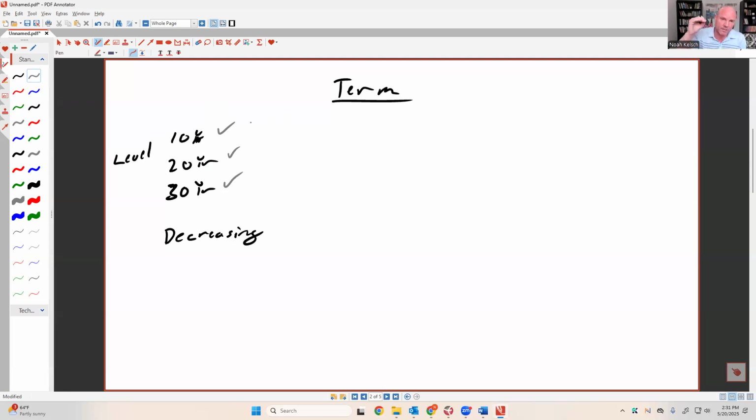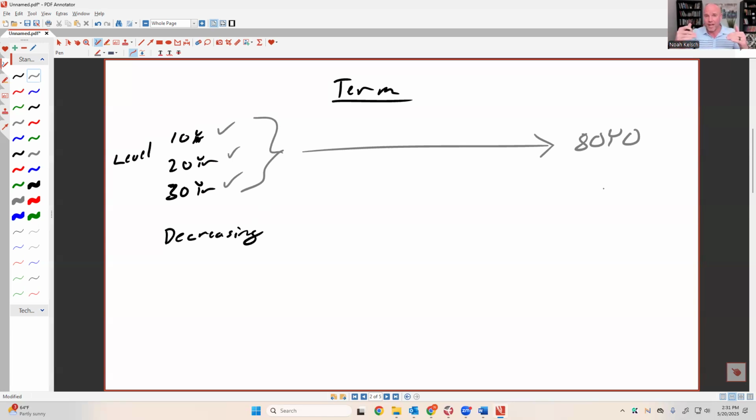Now, something that I see a lot of people, when I ask them, hey, what kind of term policy do you have? They say, oh, I've got a term until 80 years old. What's happening is they're taking these term policies and they're saying, hey, we will extend this out to 80 years old. So what the client hears is, I have a term policy that covers me till I'm 80 years old.